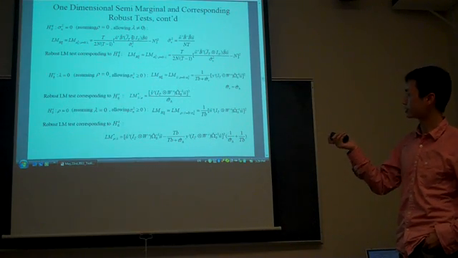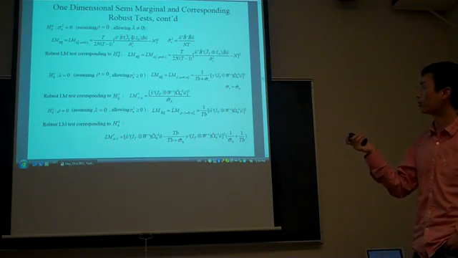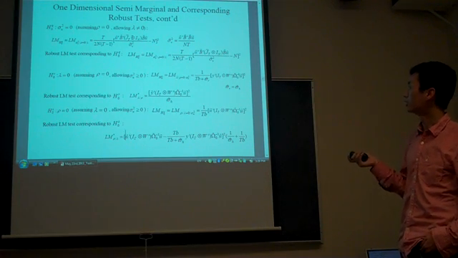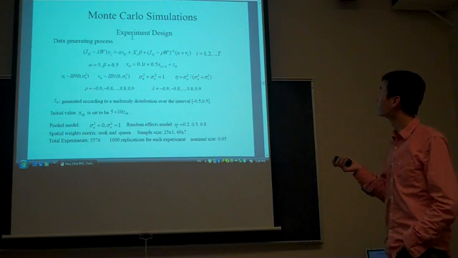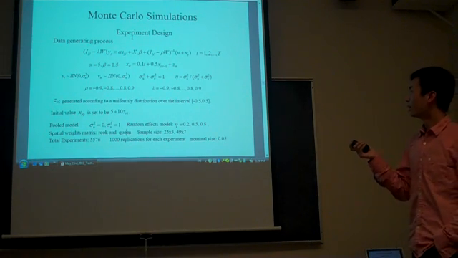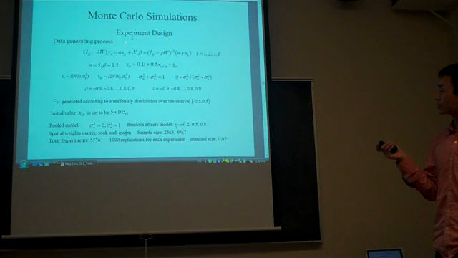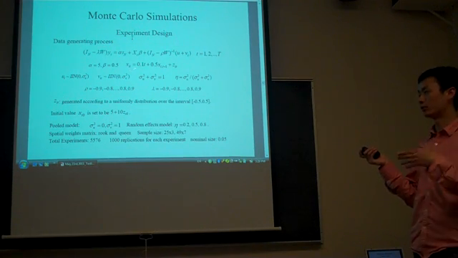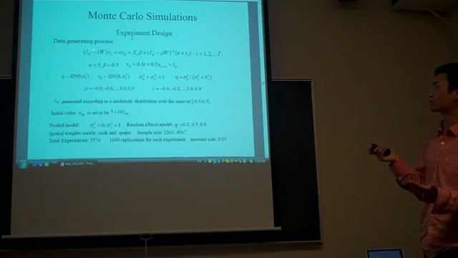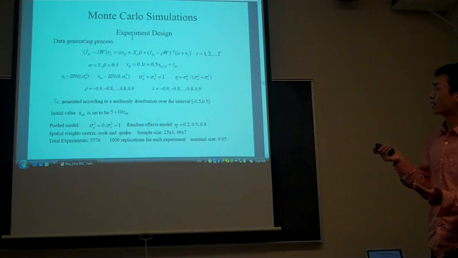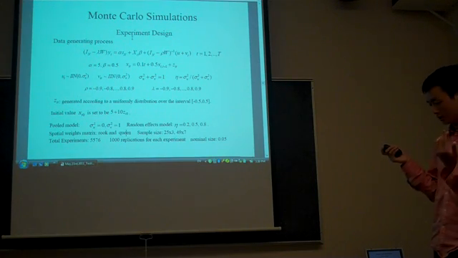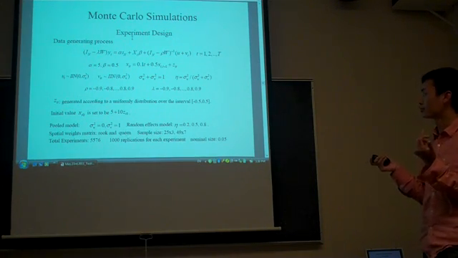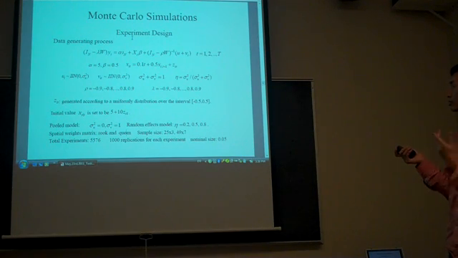This slide is also the continuation of our one-dimensional semi-marginal and the corresponding robust test. Let's go to the Monte Carlo simulation. In this experiment, we can specify different values and have total control of this simulation. Our data generation process is according to this formula, or we can see it as a random vector transformation machine.